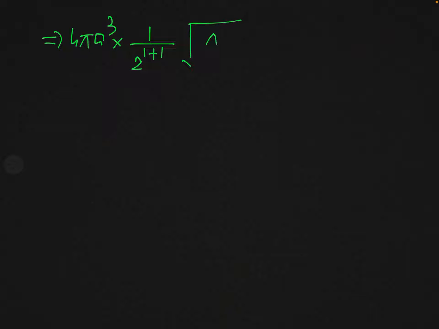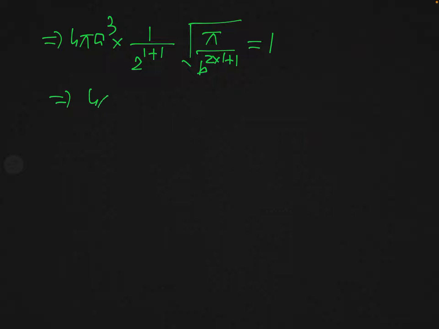So you can now write that this implies 4 pi a cube times 1 over 2 raised to the power 1 plus 1, because n is 1 here, times square root of pi over b raised to the power 2n plus 1. Here n is 1, so this will be 2 into 1 plus 1, and this is equal to 1, as you have seen.